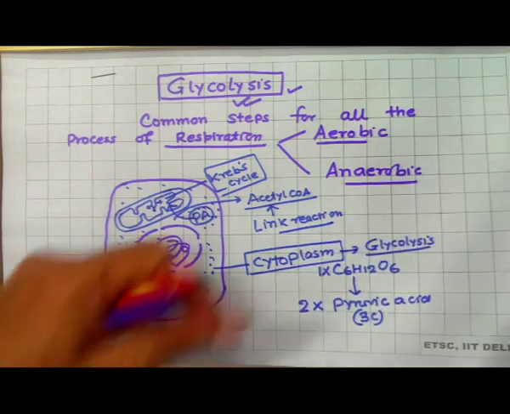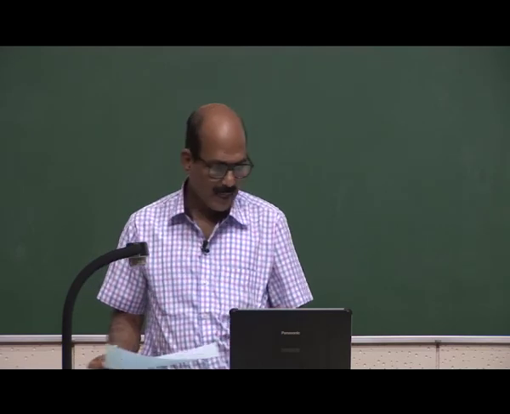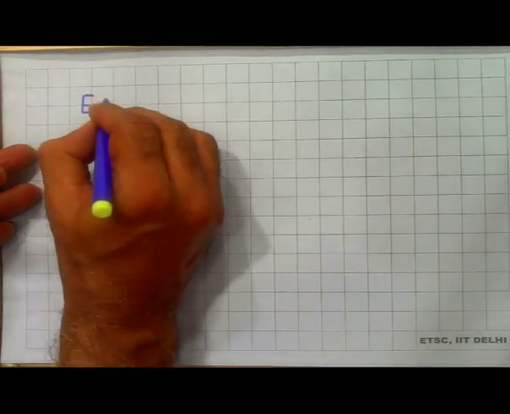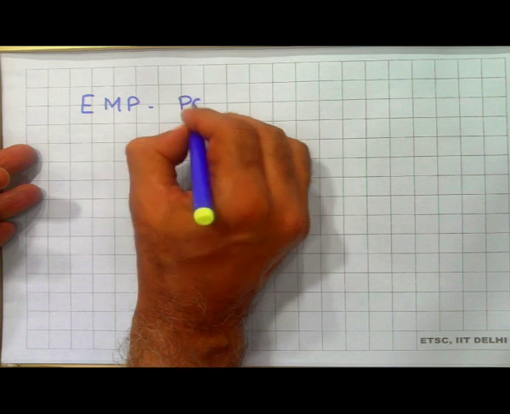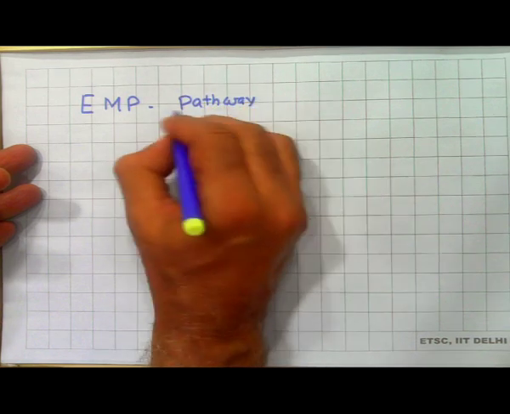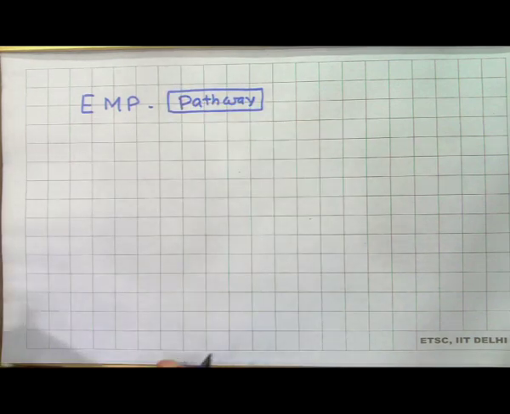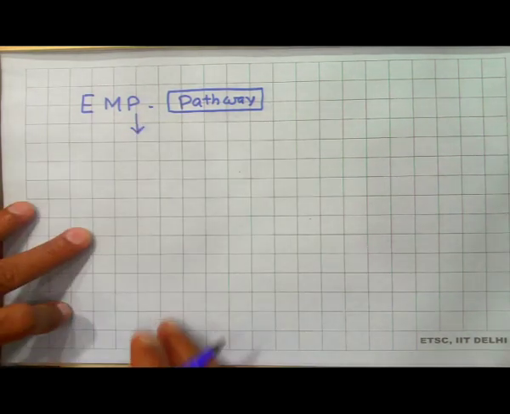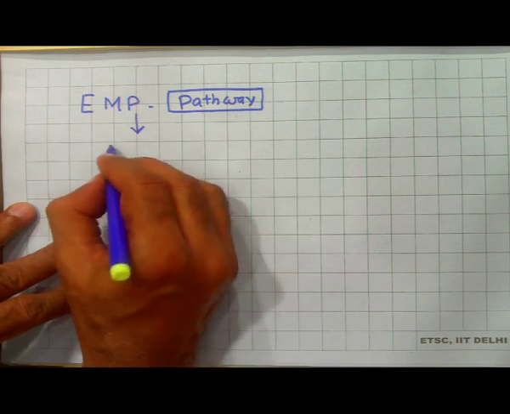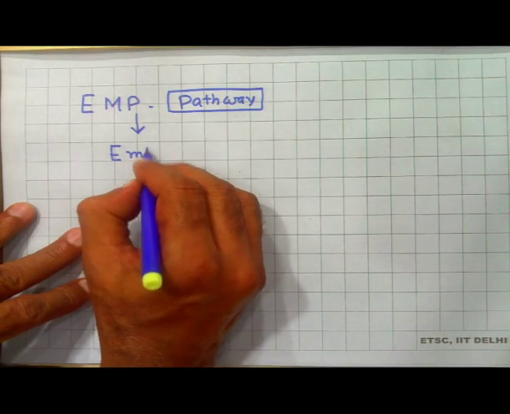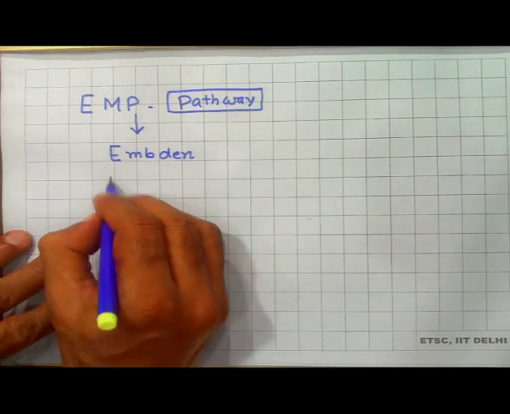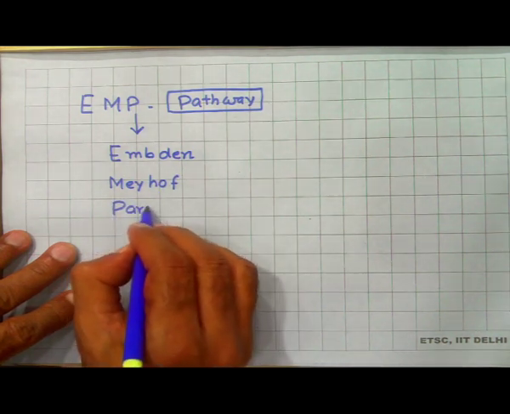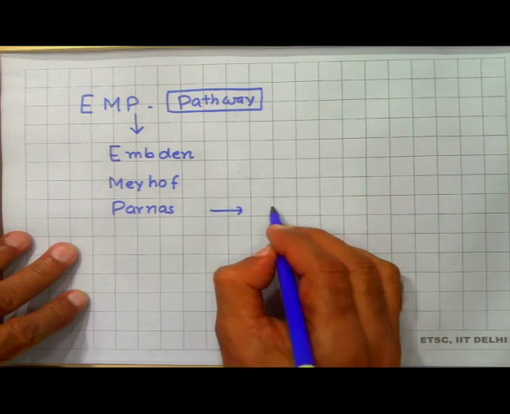Now, glycolysis is also called EMP pathway, because the details of glycolysis were given by 3 scientists, that is Embden, Meyerhof and Parnas in 1930.